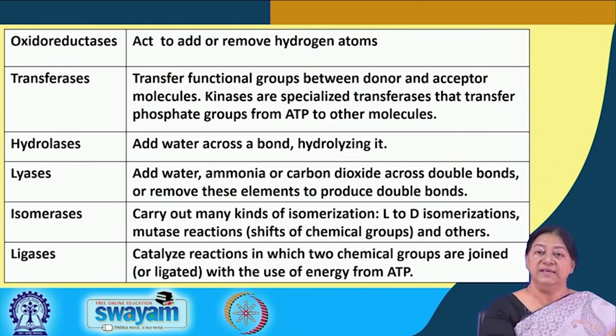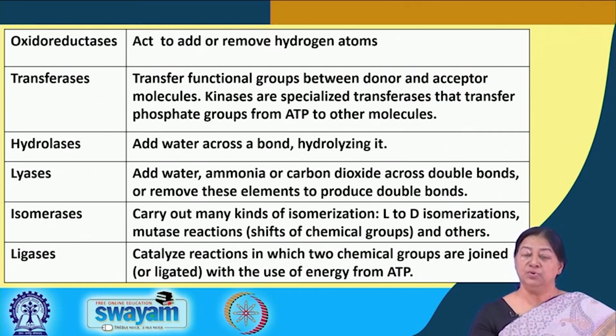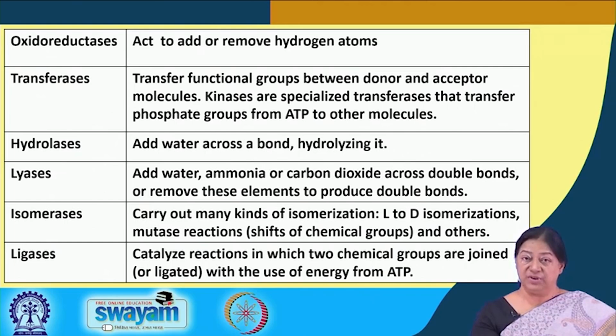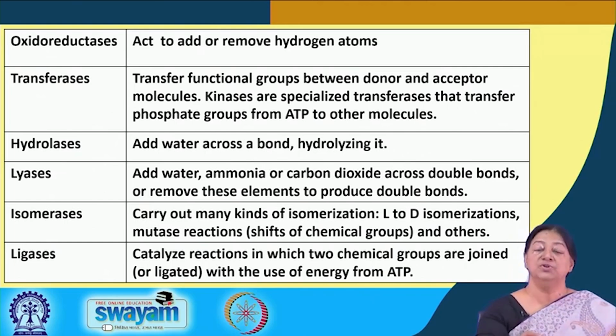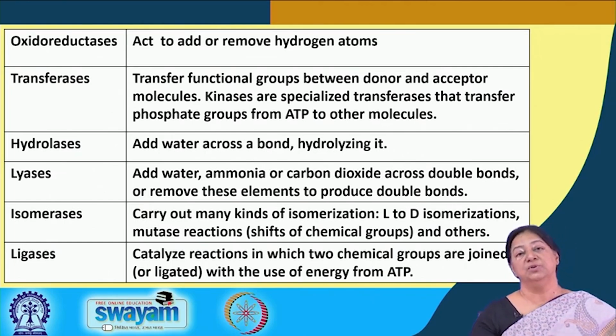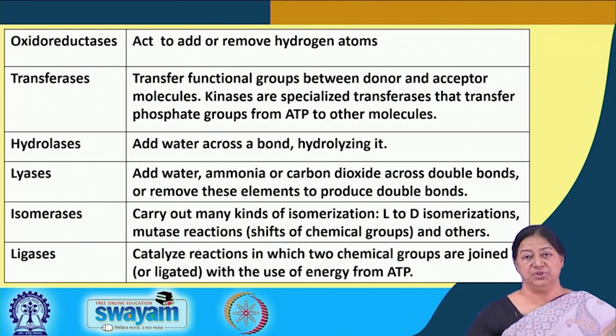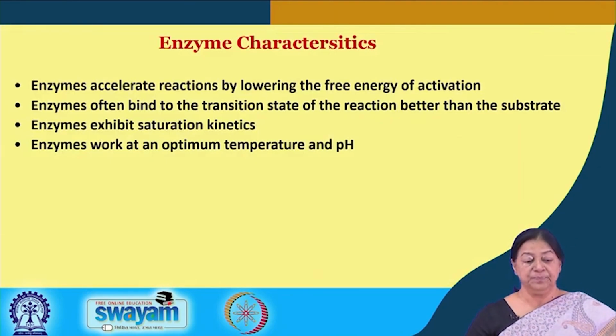If we have a ligase, that means we are linking 2 different chemical groups together. If it is an isomerase, it is an isomerization reaction. If it is an oxidoreductase, it is the addition or the removal of hydrogen atoms, or an oxidation reduction reaction. So, these are the specific types of enzyme classifications that are present.